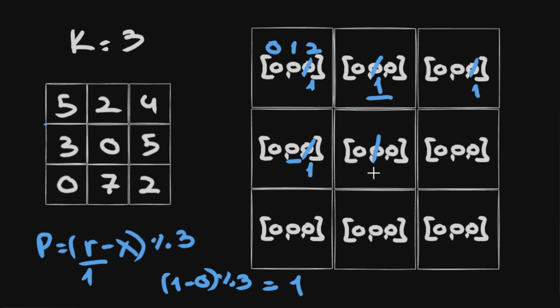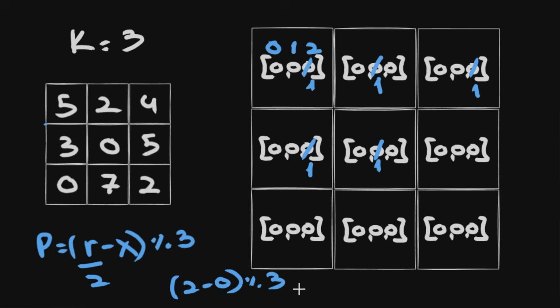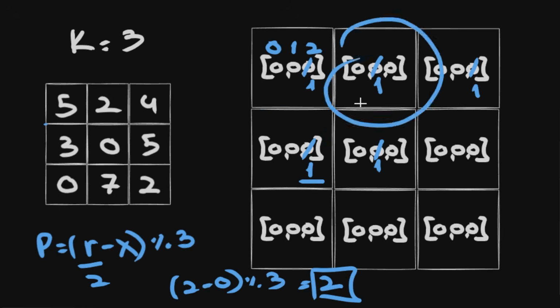So here we put 1. Finally, we need to try an R of 2. And 2 minus 0 modulo 3 is 2. So we need to go to this cell, this array at index 2, and this cell, this array at index 2. 1 plus 0 is 1. So we need to add 1 to the current array at 2.